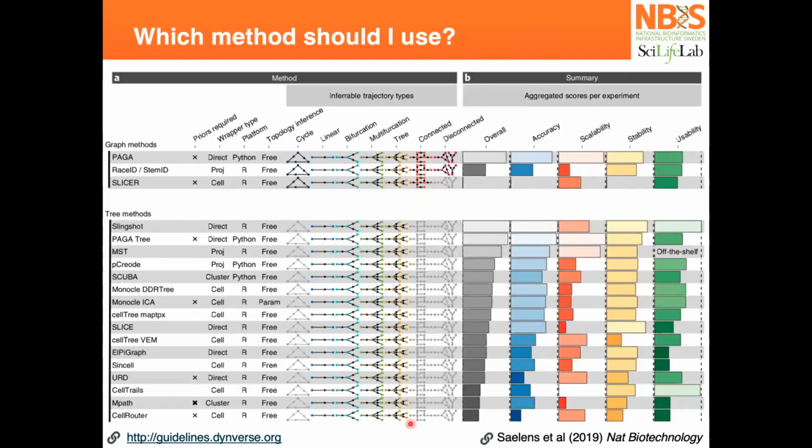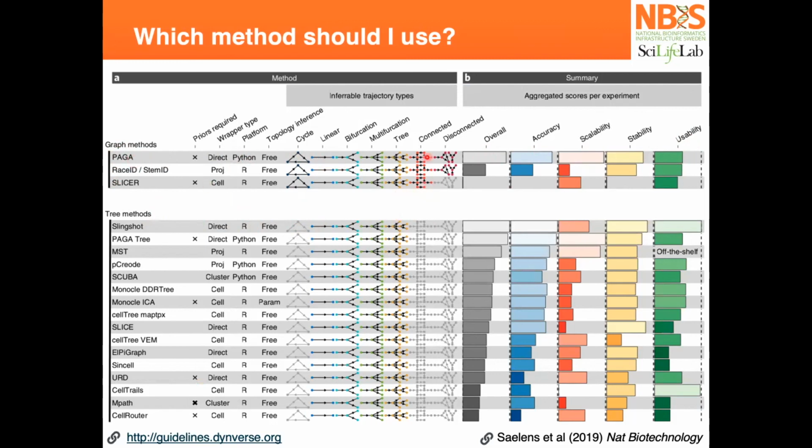And in the same paper, they also measured the overall accuracy, scalability, and usability, whether it's user-friendly or not, of some of the graph methods listed here. So for example, PAGA, which is done in Python, and Slingshot, which is done in R, and which trajectories they can fit. For example, Slingshot will not fit cycle trajectories, but will fit most of the other ones, especially the tree, which is one of the most common found in biology.